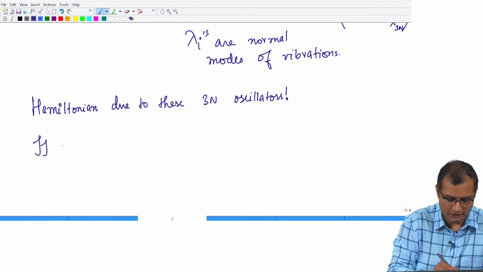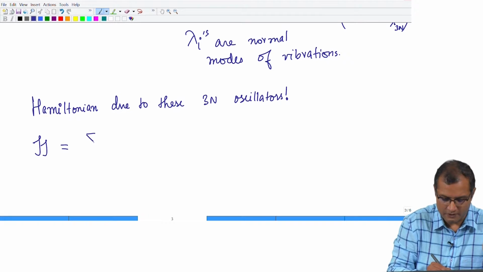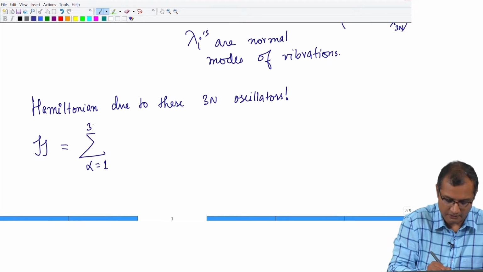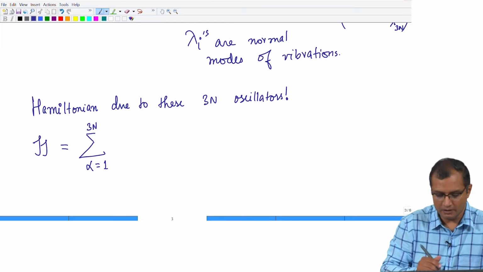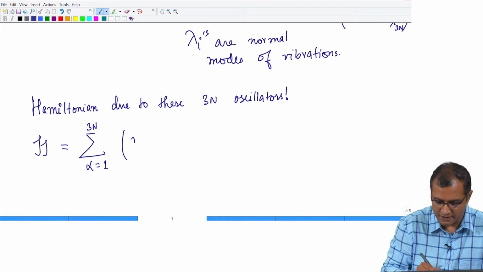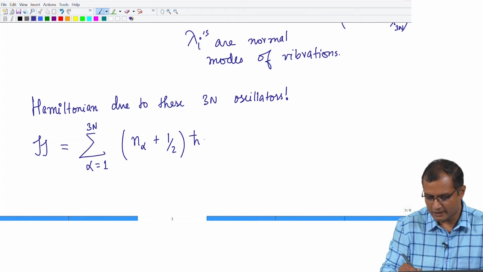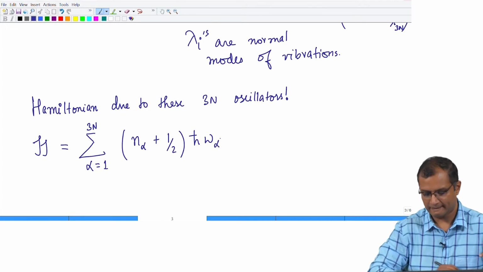Okay. So, we can write down the Hamiltonian in the form of the summation over all the oscillators, where alpha will go from 1 to 3n, and we will write down the energy of this oscillator as some excitation plus 1/2 h cut omega. Okay.